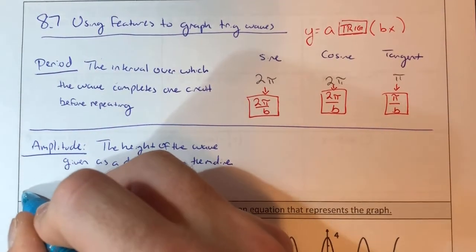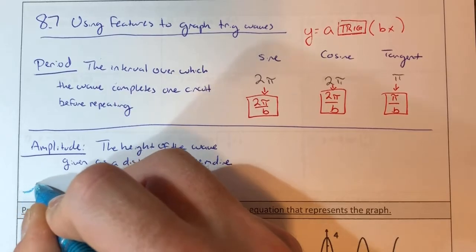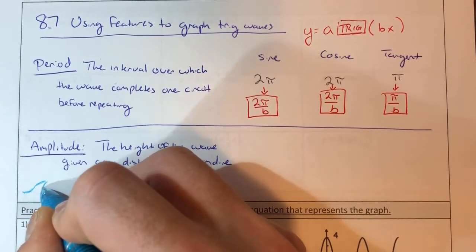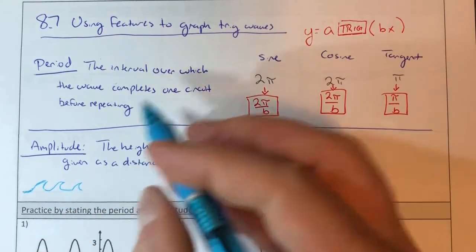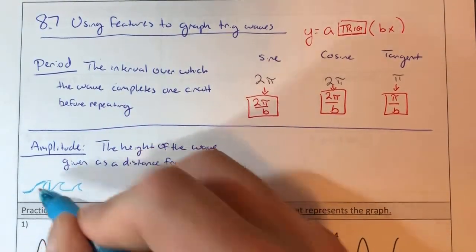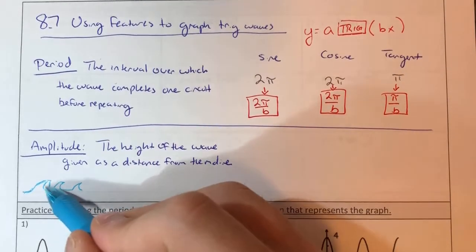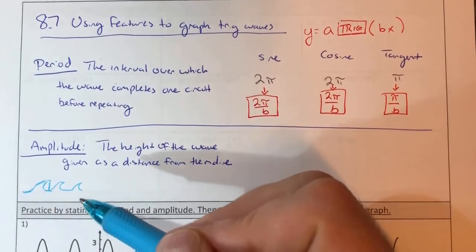Like, let's look at the ocean. So we would say, okay, I know the ocean, part of my drawing, is going to be something like this. And we're going to say, hey, what is the height of that wave? We're going to go from the bottom to the top. And that's the way most of us would measure that, correct?